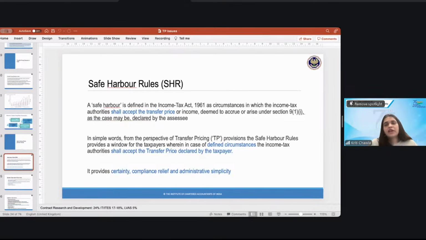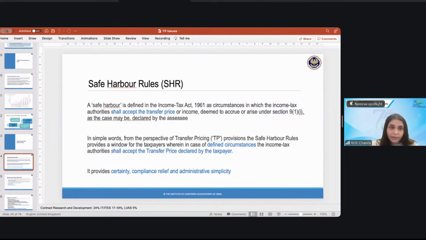While the Indian entities did justify it using a benchmarking analysis, using a set of comparables, the tax authorities would come up with their own set of comparables, and then say that probably 24% or 18% should be the margin for an ITES service provider.